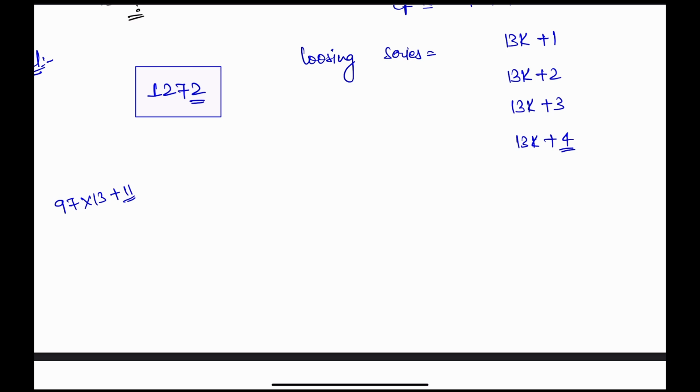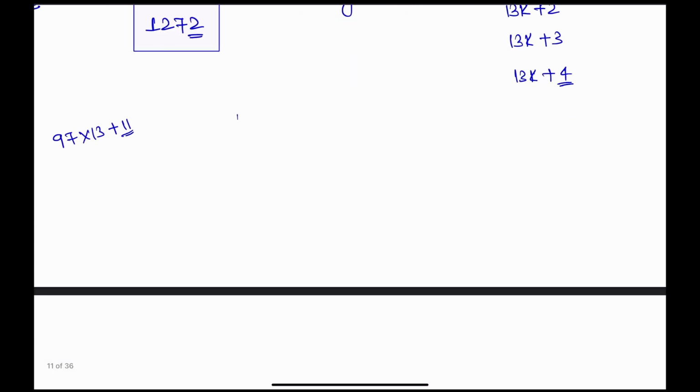So this is already in the form of 97 into 13. What we will do is try to find the nearest one. So the losing series, let's write over here: 13k plus 1, 13k plus 2, 13k plus 3, 13k plus 4.